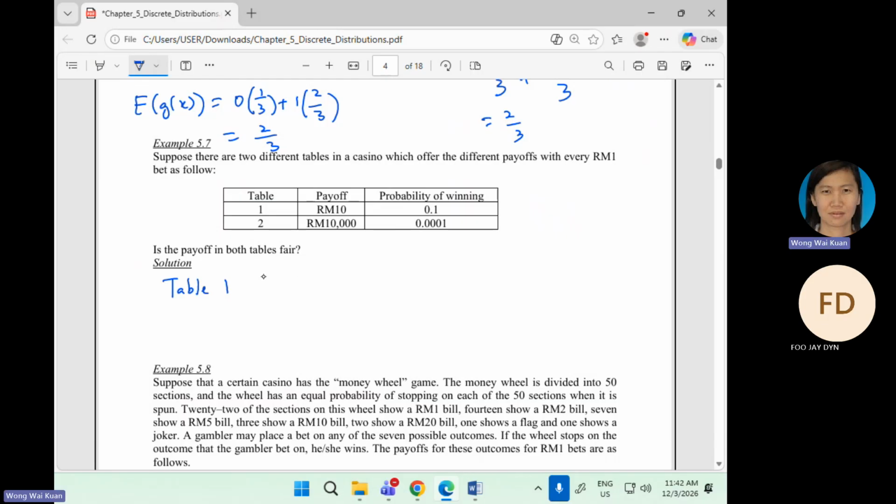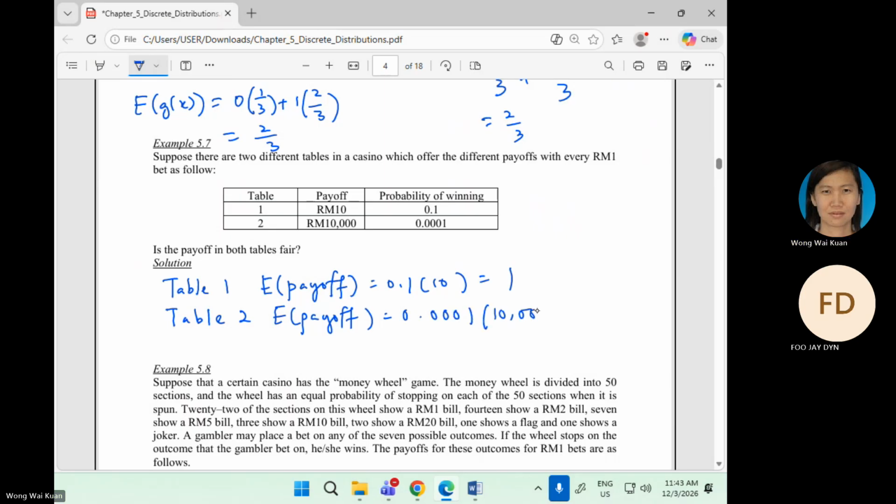So what is the expected payoff for table 1? Expected payoff is just the payoff times the probability. So it's 0.1 times 10. So we have 1. Okay, so for table 2, the expected payoff is 0.0001 times 10,000.